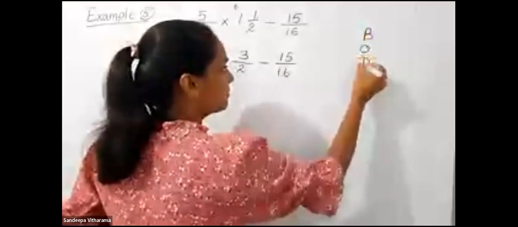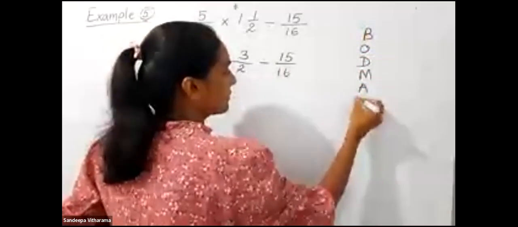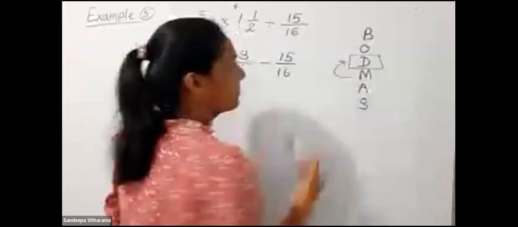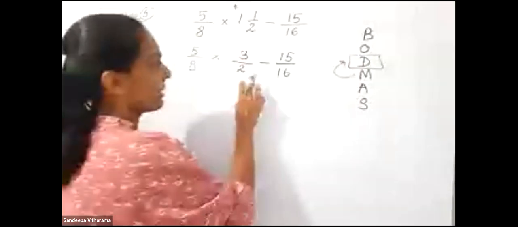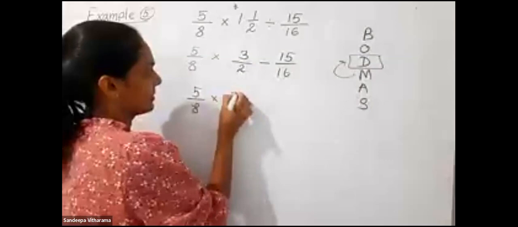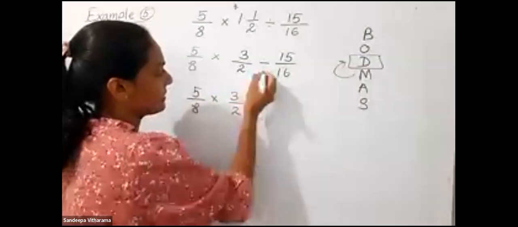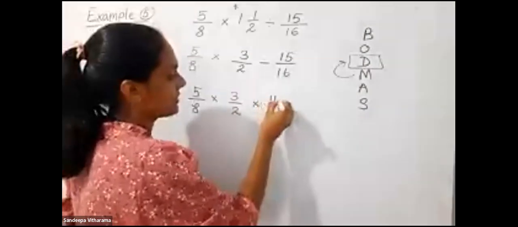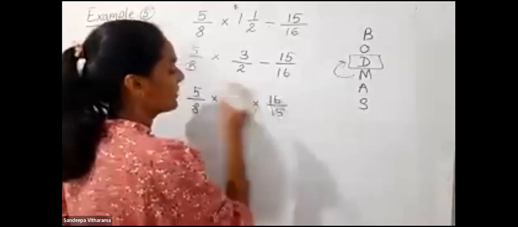When we take BODMAS, we have to give the priority to the division before multiplication. So you have to do the division. When you do the division, division becomes multiplication and you take the reciprocal. It is 16 upon 15.